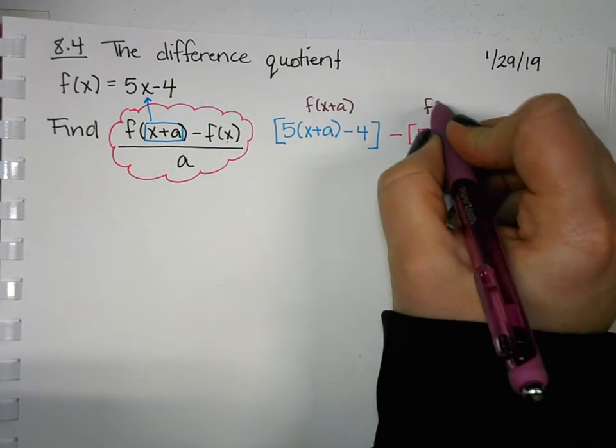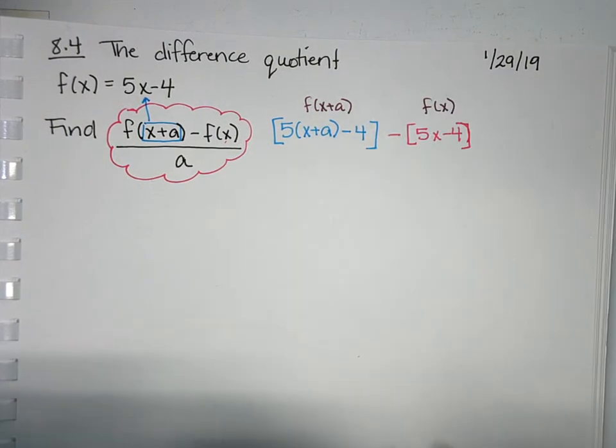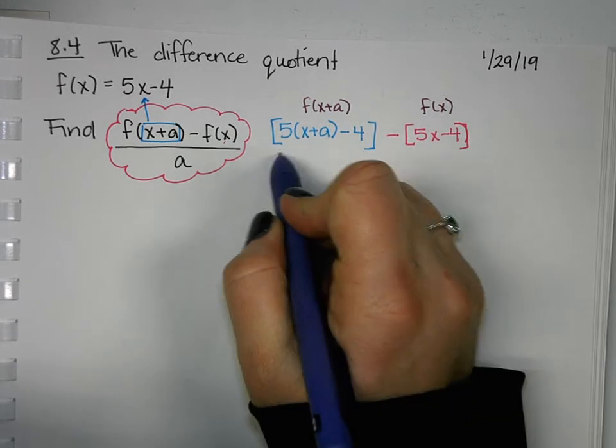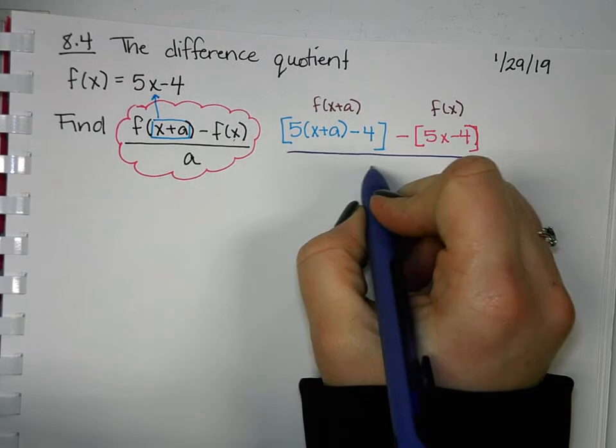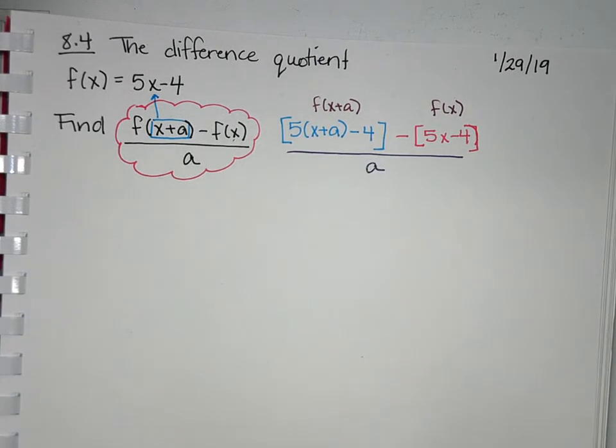So this is f of x, all over a. Okay, so to start off, that's just the setup, the plugging our function into the difference quotient. We haven't done anything, that's just the evaluating part.